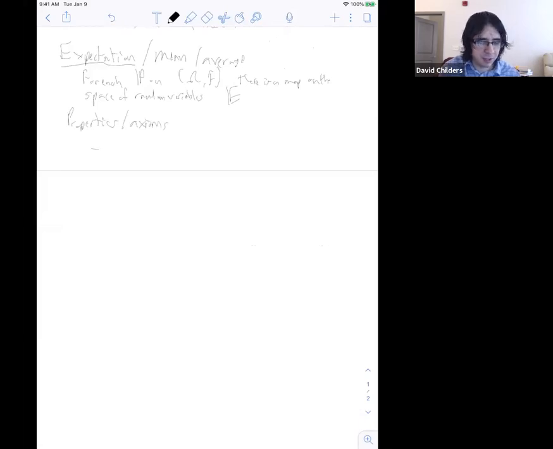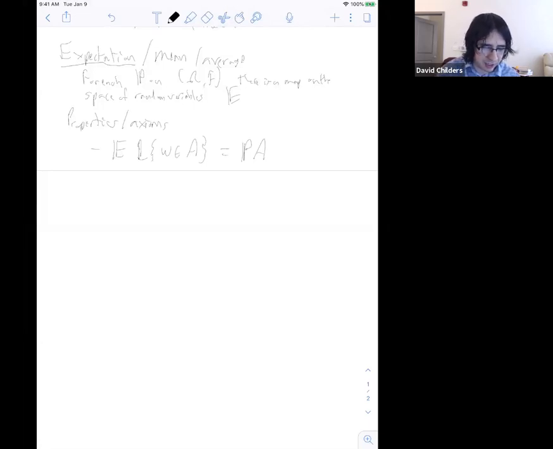The first is that the expectation of a particular class of random variables, the indicator functions, is equal to the probability of the set for which they're an indicator.